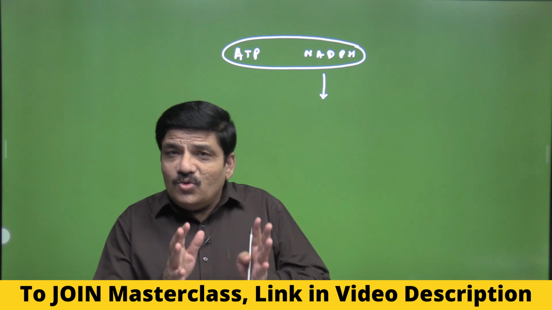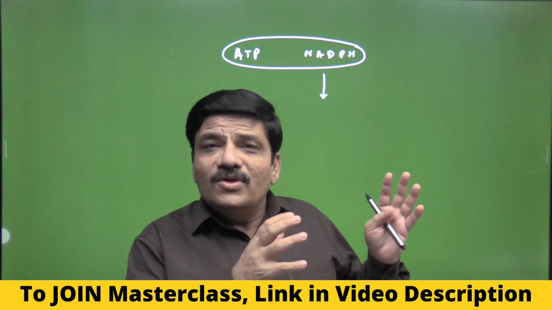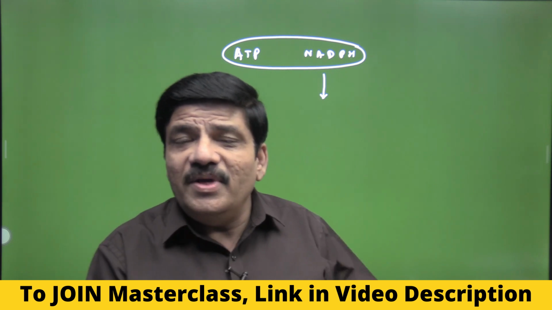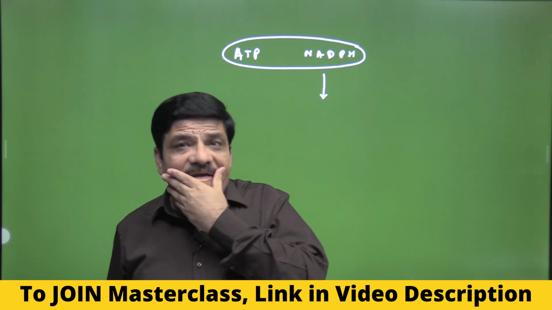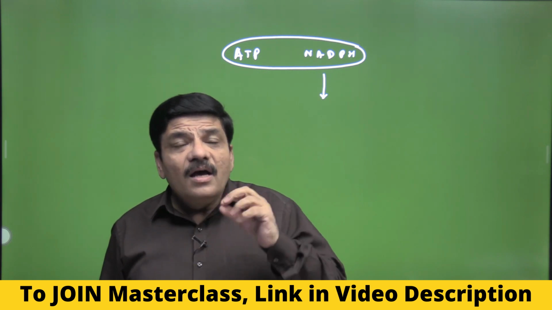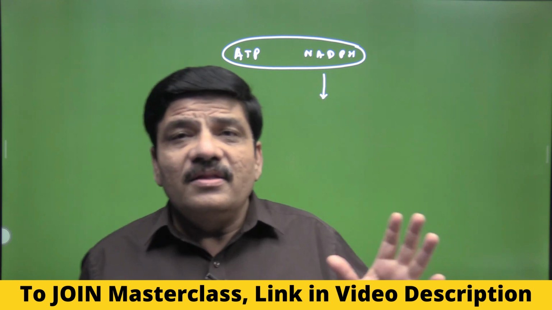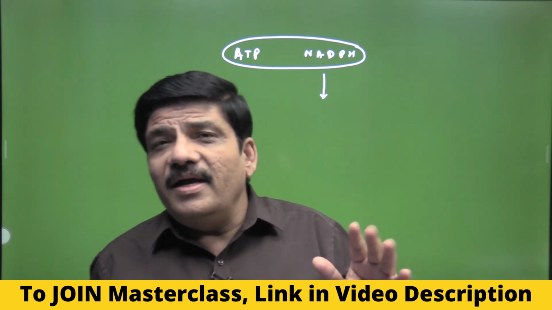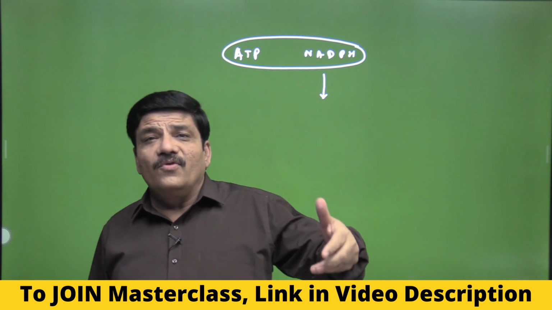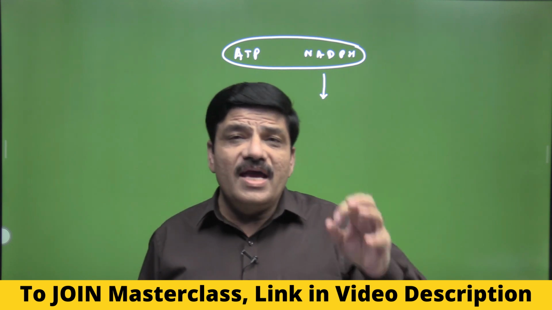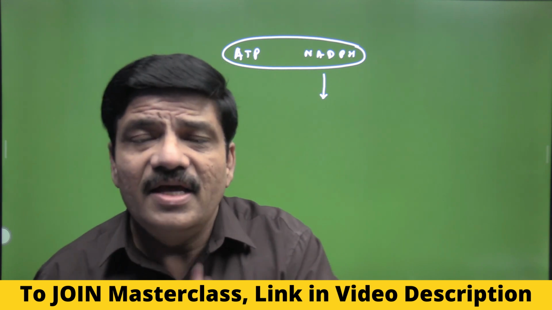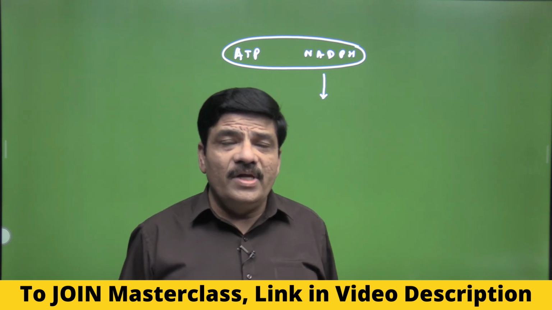So please remember two very important things: a source of energy, which is ATP, a product of light reactions, as well as a reducing power. This time it is nicotinamide adenine dinucleotide phosphate, NADPH, rather than NADH. I hope this is absolutely clear.